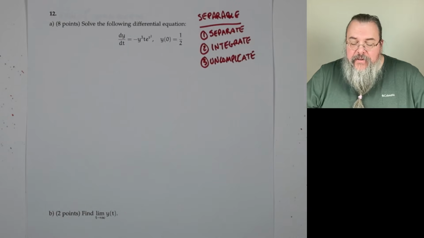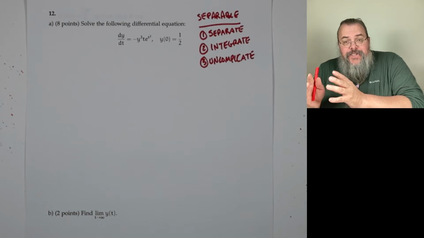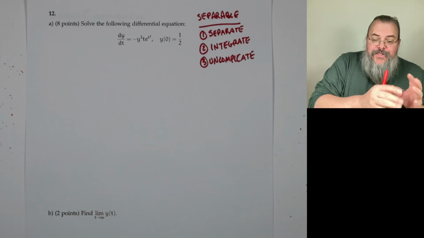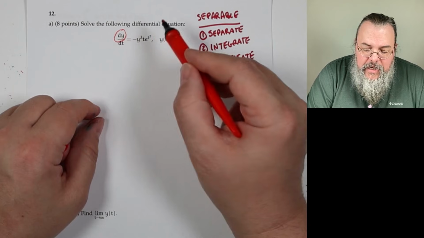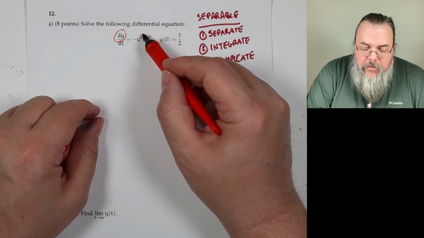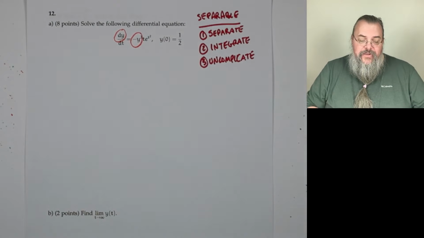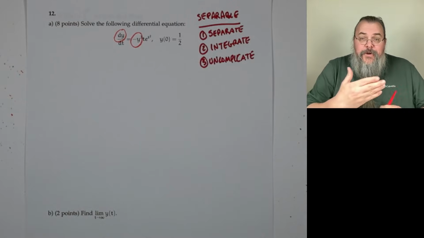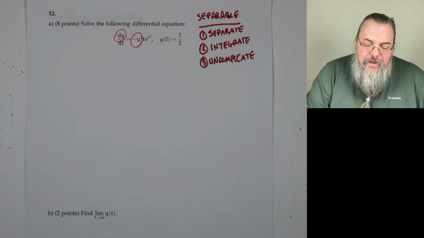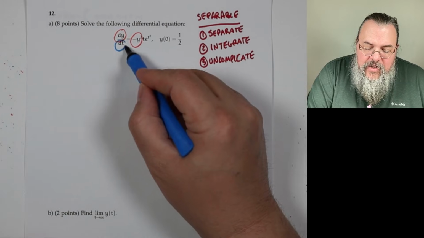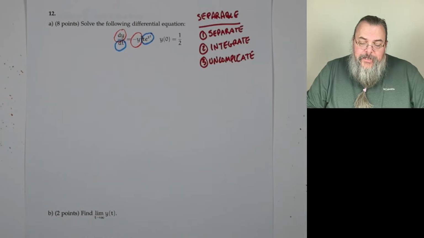So what do we mean by separate? We're going to put all the y's on one side, all the t's on the other side. When it comes to y's, we see a dy and this y cubed. Let's put the minus y cubed over. The minus has to go someplace, and I have a gut feeling that it might be more helpful going with the y. Minuses, constants in general, you just move them wherever you like. Then the dt and the t e to the t squared go to the other side.